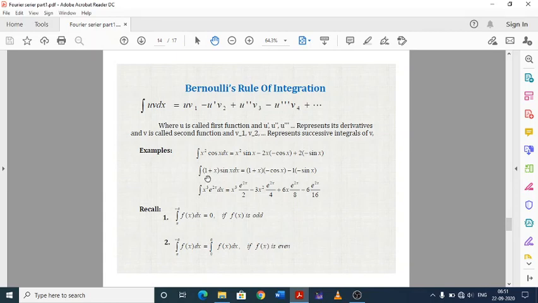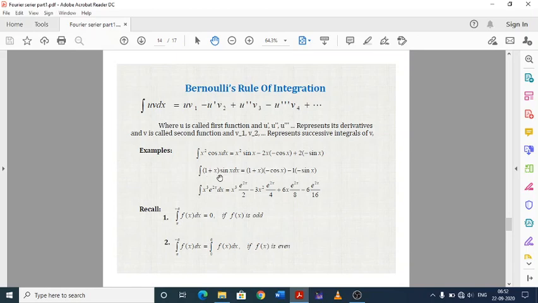Second example, integral of (1 plus x) sin x dx. Here also 1 plus x is an algebraic function. Algebraic function means it will be of the form of a polynomial p of x. So either it may be x power n, or x power n plus a naught x power n minus 1 plus a1 x power n minus 2, and so on.